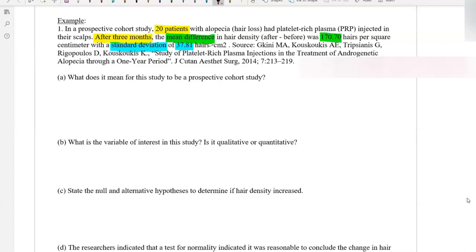Now part A is asking what does it mean for this study to be a prospective cohort study. So we had this part in chapter 1. And the reason that this is cohort study is because we have this procedure is for 3 months.